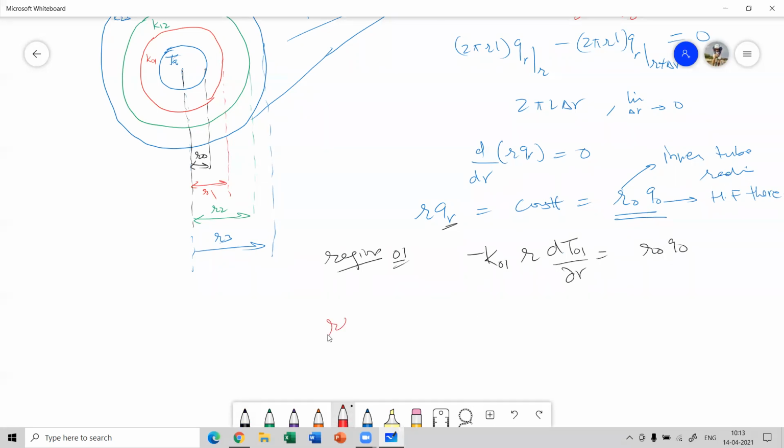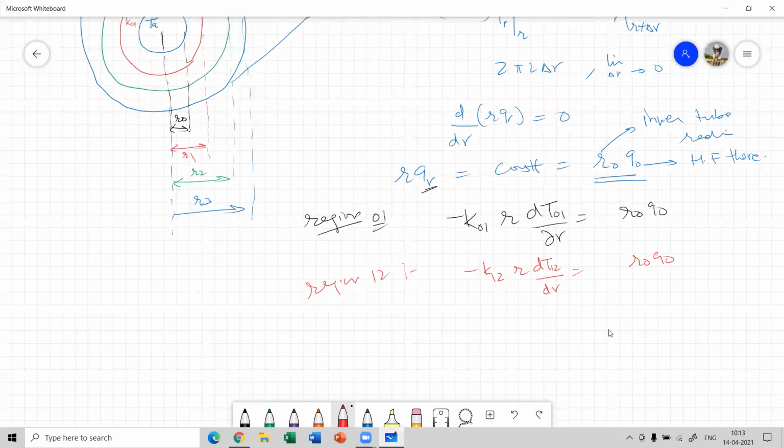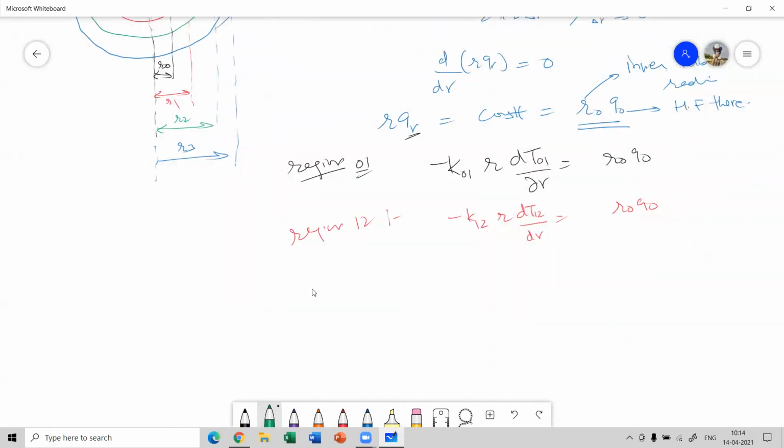For region 1 to 2, it will be minus k12 r dT12/dr, equal to r0 q0. And finally, for the outer region 2 to 3, it's minus k23 r dT23/dr equal to r0 q0.